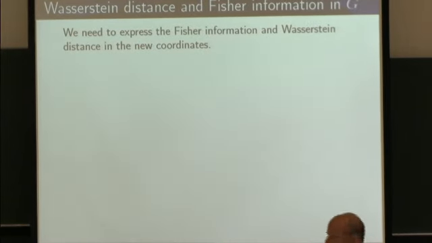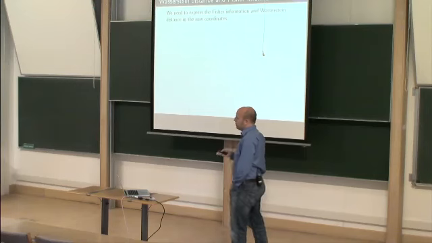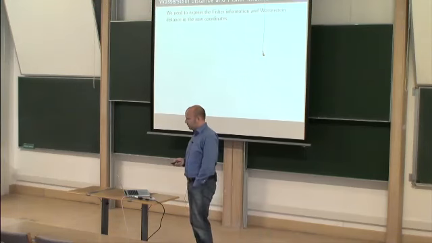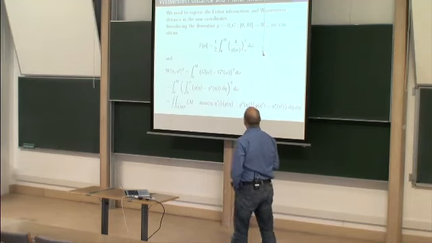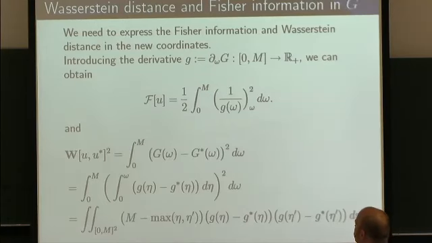This means we have to transform everything to the new coordinates, also the Fisher information. And okay, this is not just some calculations that I skipped, but you can rewrite the Fisher information in the new coordinates. Then the derivative of this pseudo-inverse appears, so we introduce this as our new unknown, small g, and we can write the Fisher information in that way.